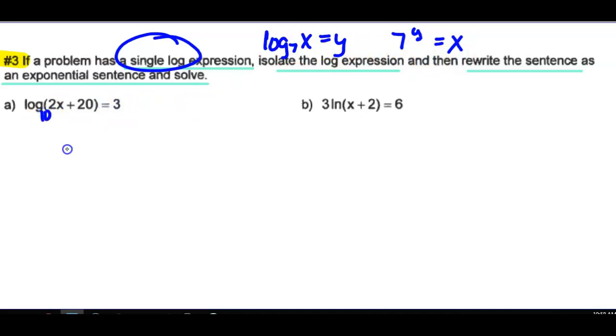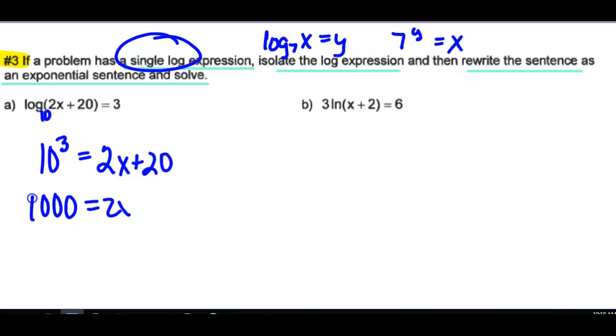So this is already isolated. The base down here is 10. So when we rewrite it, it's 10 to the third. Remember, the answer is the exponent, equals 2x plus 20. This is 1,000. I'm going to subtract 20. Divide by 2.